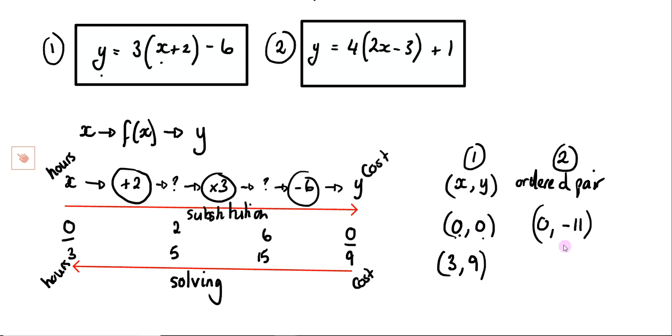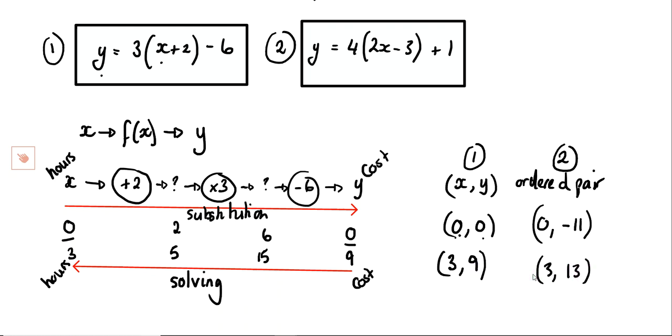So those are not compatible, right? They give me different pairs. What about if I put a 3 in? 2 times 3 is 6, 6 minus 3 times 4 is 12, plus 1 is 13. Are they the same? No.